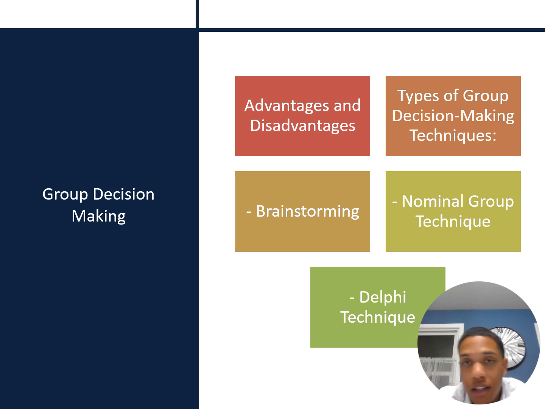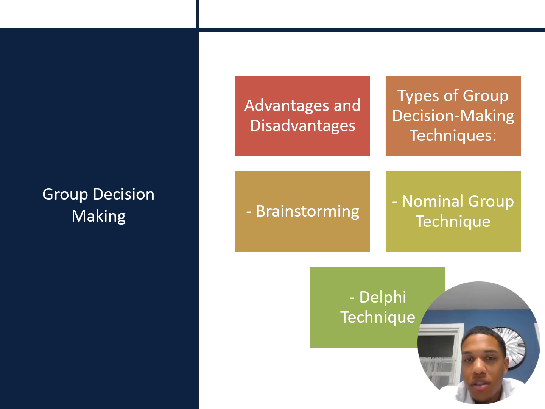The nominal group technique involves individual idea generation, followed by group discussion and ranking, ensuring everyone's input is considered. And then the Delphi technique gathers input from experts through multiple rounds of questionnaires with feedback provided after each round, right?